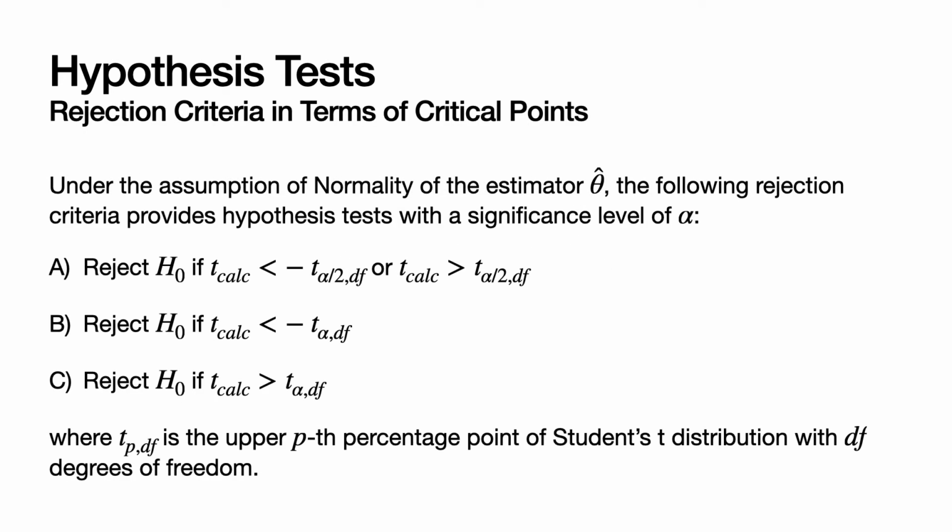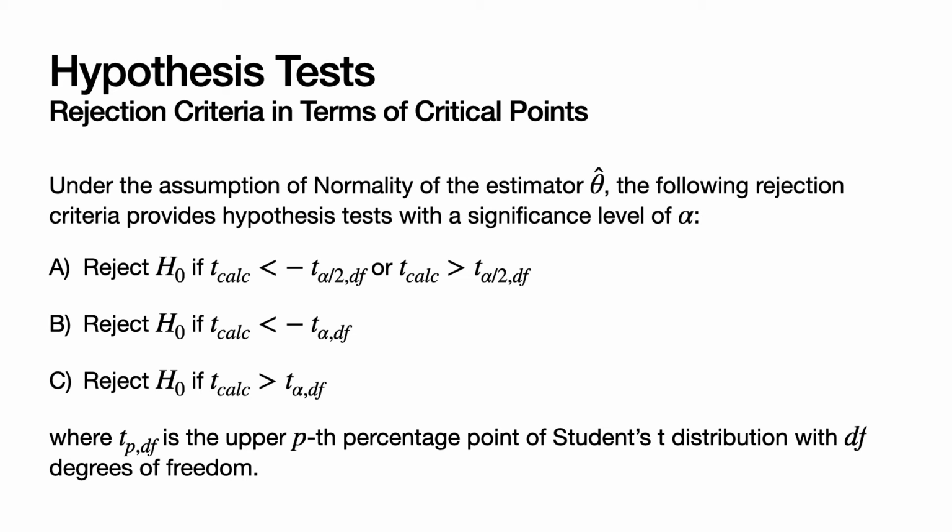Now, under the assumption of normality of the estimator theta hat, the following rejection criteria provide hypothesis tests that have a significance level of a desired level of alpha. For the two-tailed test, we're going to reject the null hypothesis if our test statistic t-calc is strictly less than negative t sub alpha over 2 comma df.